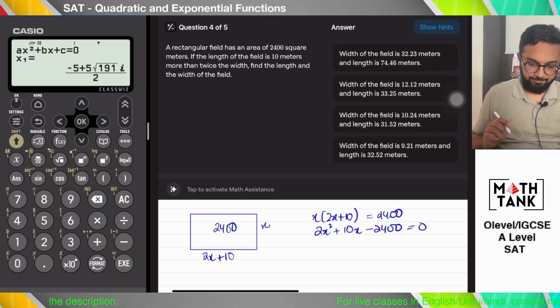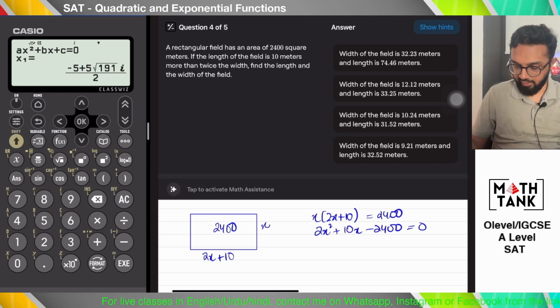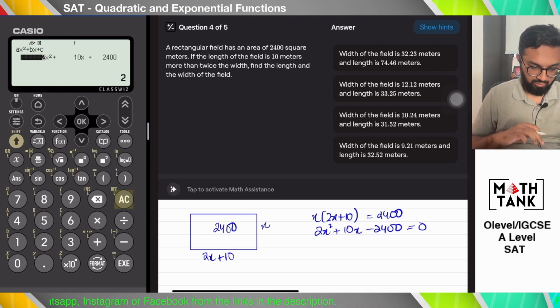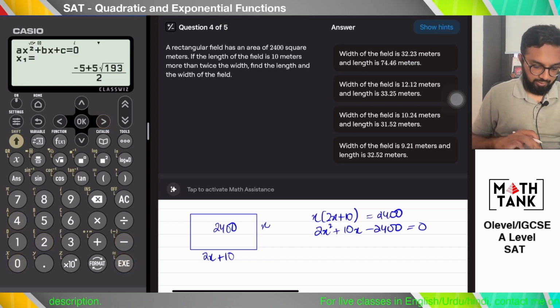Okay, 10 meters more than twice the width. Have I taken a wrong number here? Let me check. Okay, minus 2400. Okay, format is decimal.